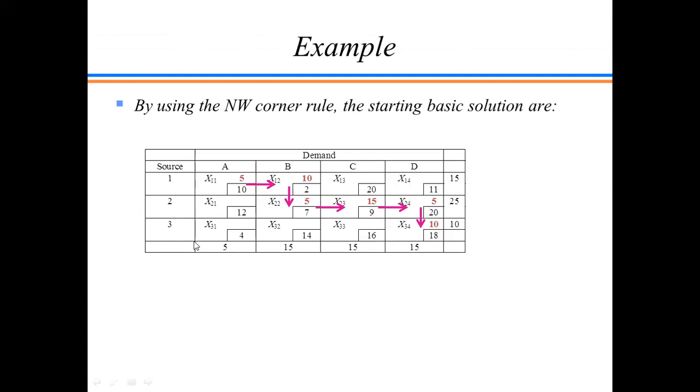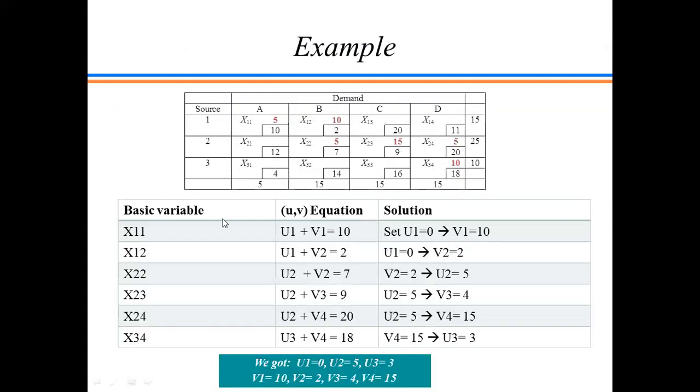Here we need to identify which ones are the basic variables and which are the non-basic variables. Basic variables are the variables that have a value. In this example, basic variables are x11, x12, x22, x23, x24, and x34. And the remaining variables are non-basic variables.